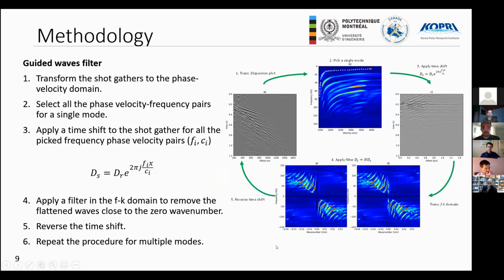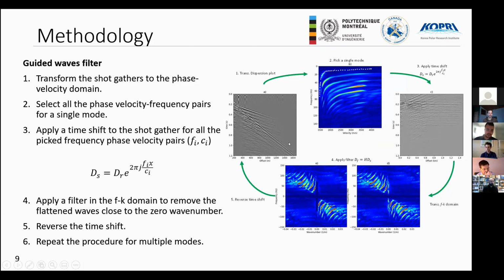The filter is presented in this figure here. Starting from the shot gather, we transform it to the dispersion plot, that is, the phase velocity-frequency domain. In the phase velocity-frequency domain, for a single shot and a single mode, we select all the pairs of phase velocity and frequency.